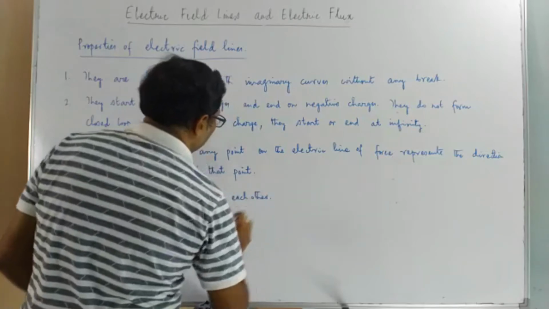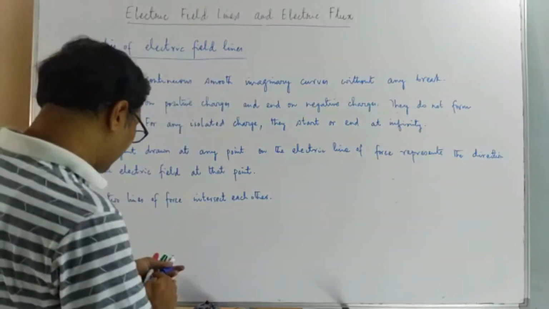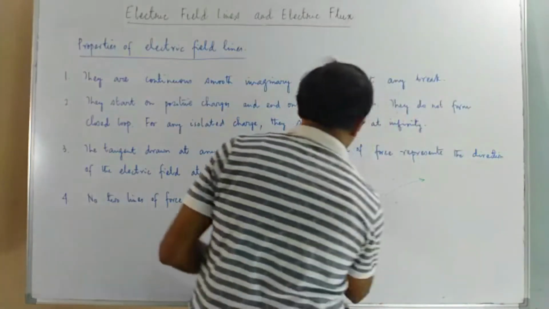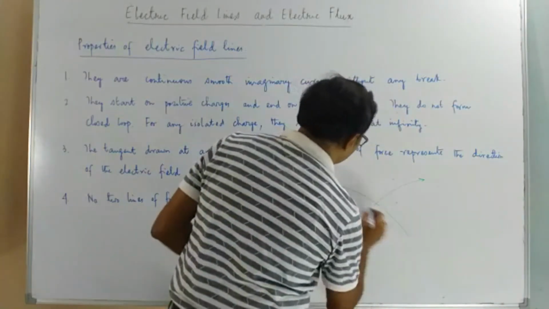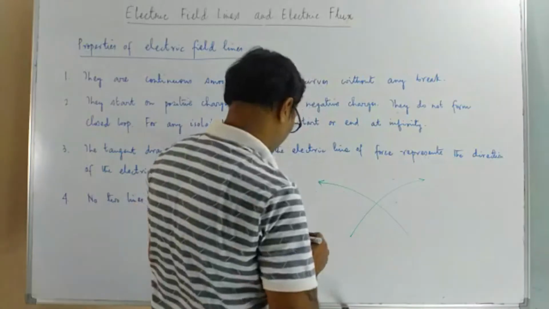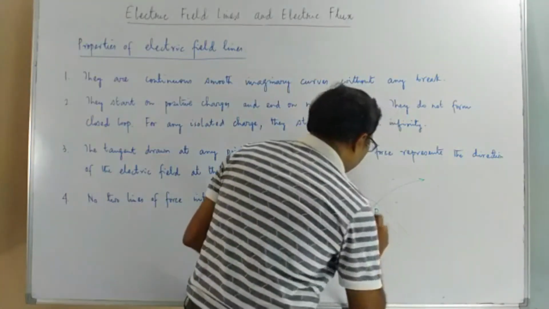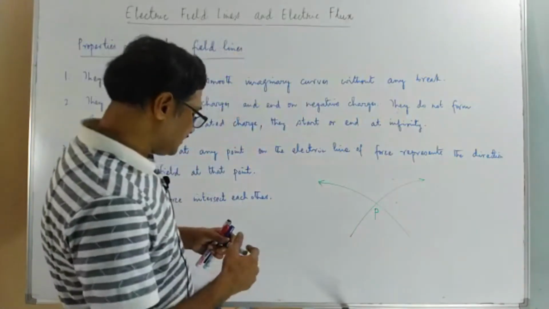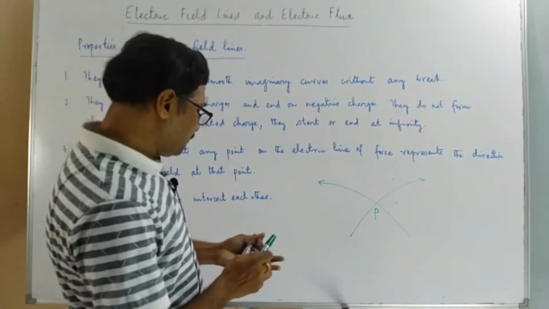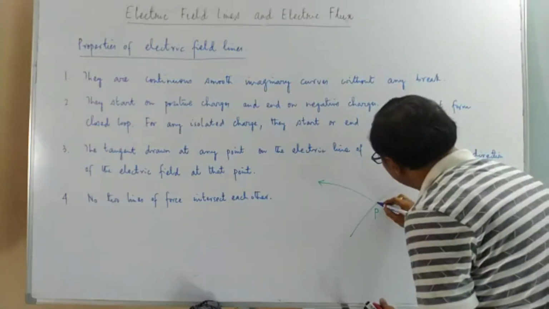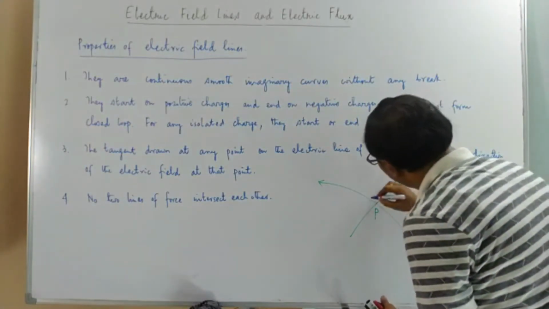This can be very easily explained. I consider 2 electric lines of force. I have these 2. I also consider that these 2 intersect each other at point P. If it is possible, I can draw 2 tangents at point P on these 2 lines.